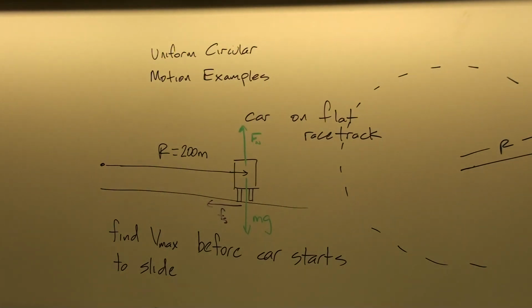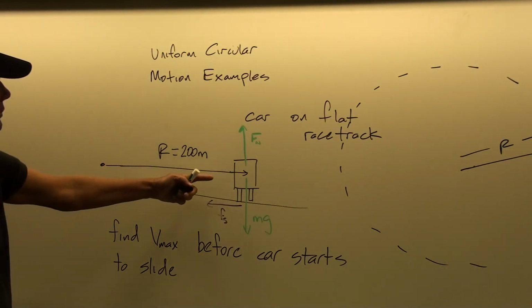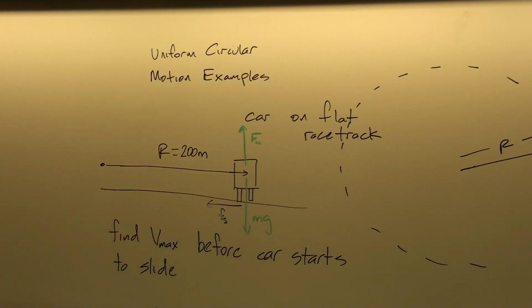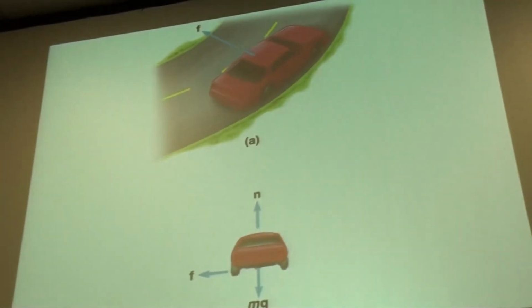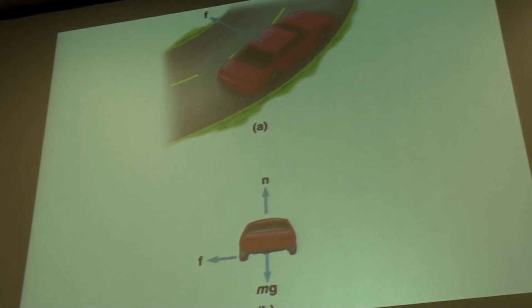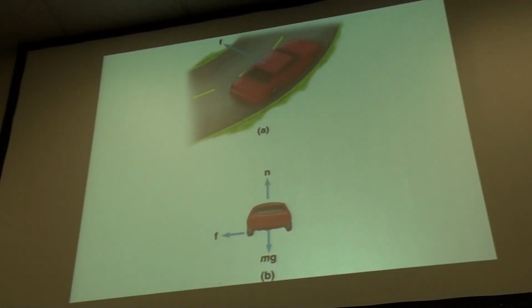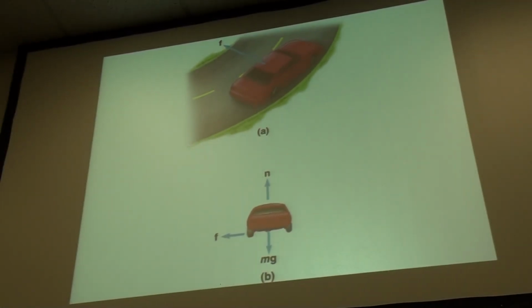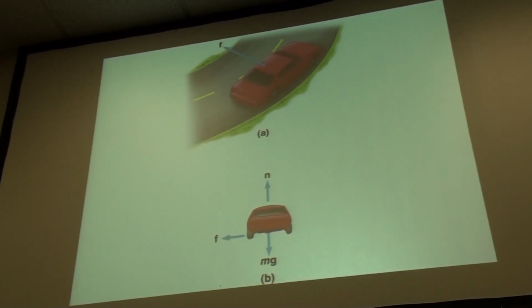Okay, first we have to identify the force. Here I've got two different views, which we could also see by looking up at the data projector for a second, slightly better pictures. Here's a car going around a circular track, and the force that is providing the circular motion, the centripetal force, is the static friction force.